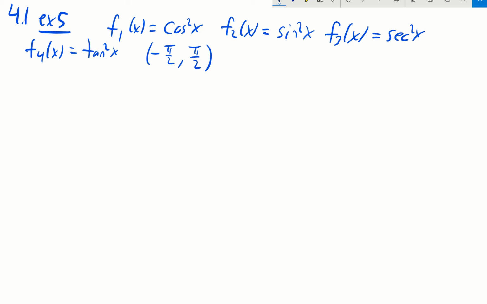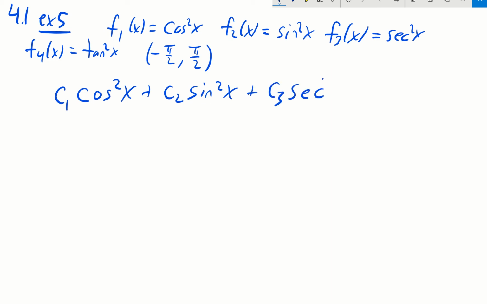So to check this, we would look at the following equation. You would take c1 times f1 plus c2 times f2 plus c3 times f3 plus c4 times f4, and we want to see if we can find a collection of coefficients, not all zero, c1 through c4, such that this would be equal to 0.